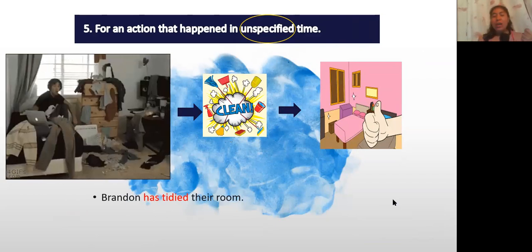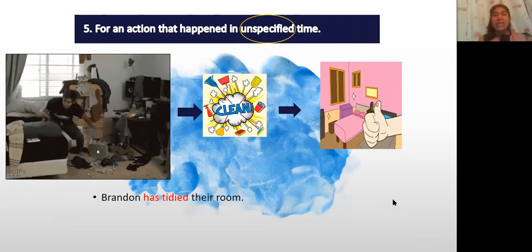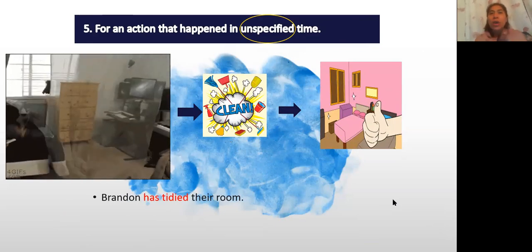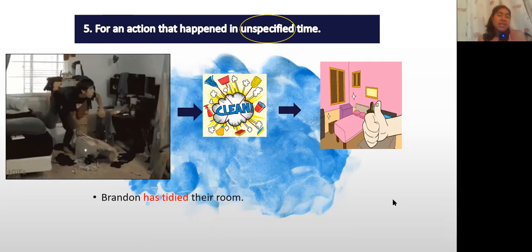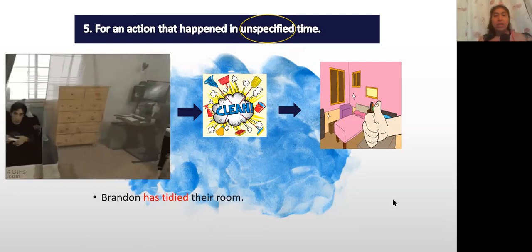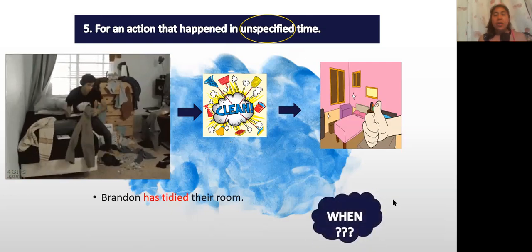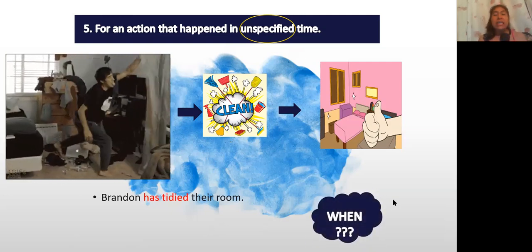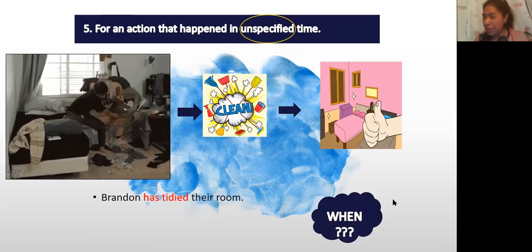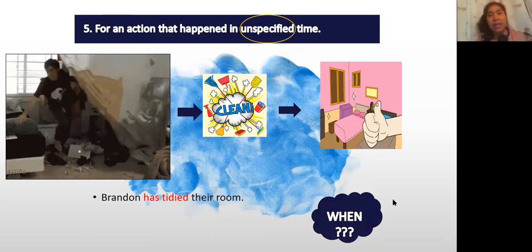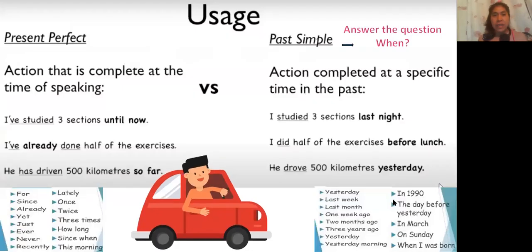Careful with this. When we use the present perfect, it is because we don't say when the action happened. It doesn't matter when it happened. Okay? When is not important in the present perfect. I'm going to repeat. When the action happened, we don't care in present perfect. Look at the difference. In present perfect, you say, I have studied 3 sections until now.